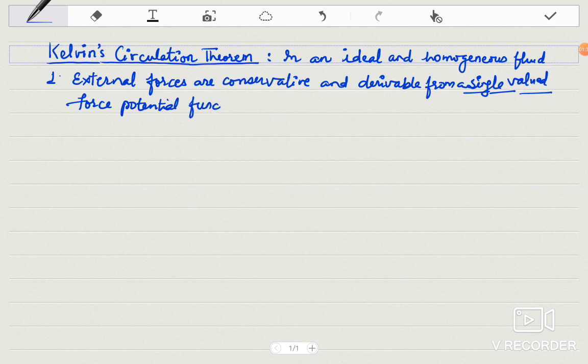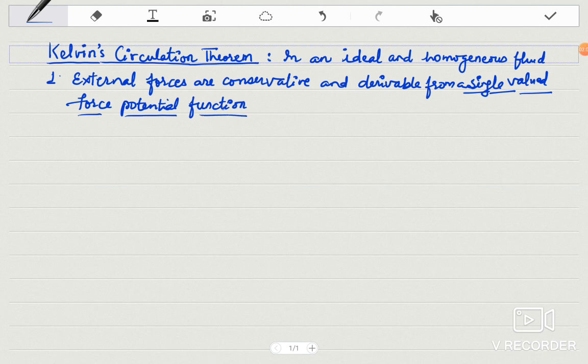Here it is important, single valued. You know it very well that if I say the flow is irrotational, then we consider curl of q to be 0, and that implies that there exists a velocity potential function. And here, when the forces are conservative, then there exists a force potential function.